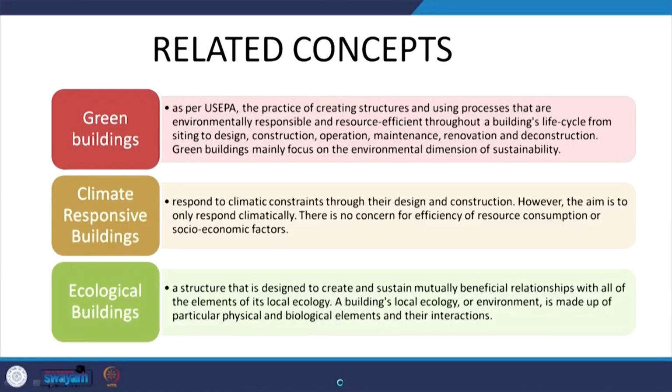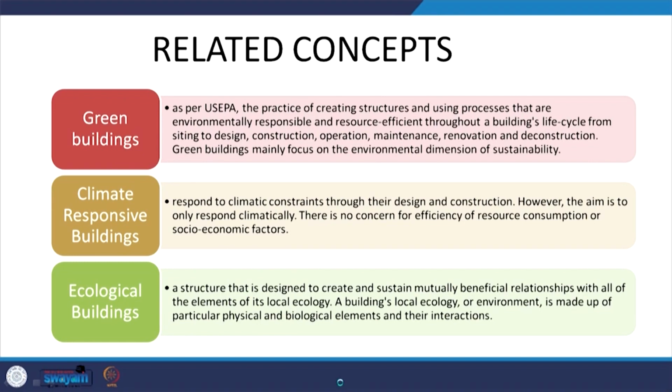So, green buildings, as per US EPA, is the practice of creating structures and using processes that are environmentally responsible and resource efficient throughout a building's life cycle, from siting to design, construction, operation, maintenance, renovation, and deconstruction at the end of the life of the building.